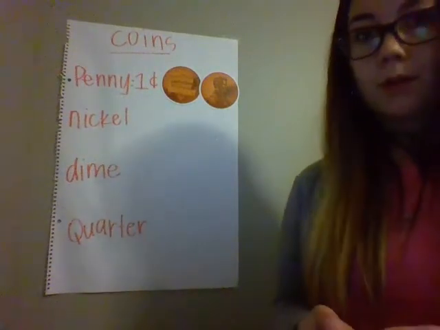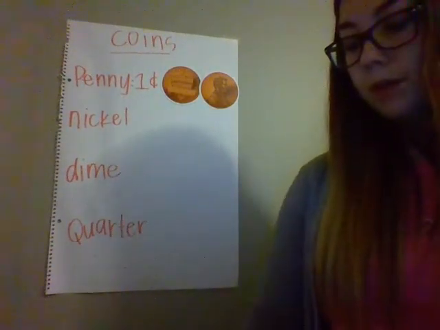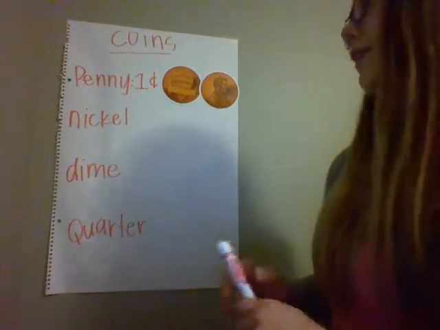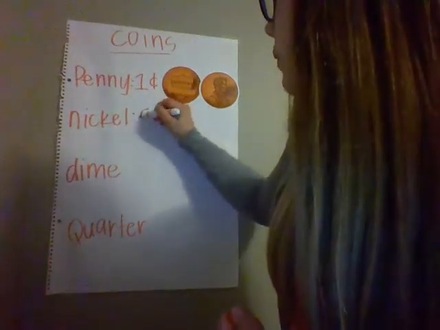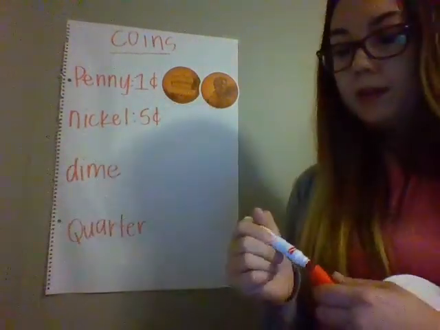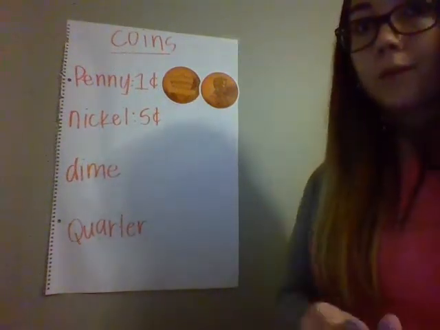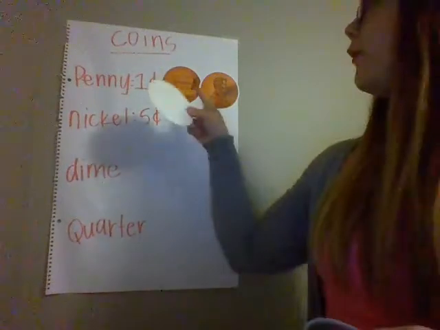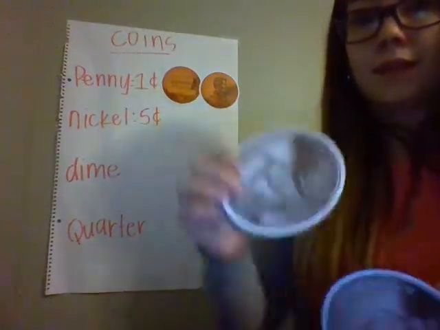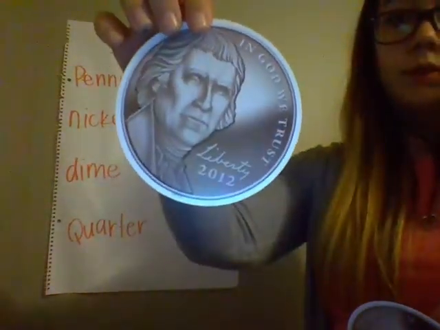Our next coin is a nickel. A nickel is worth 5 cents. So this means that it would take 5 pennies just to get 1 nickel. Okay? A nickel is worth 5 pennies. 5 cents. Here's one side of a nickel.